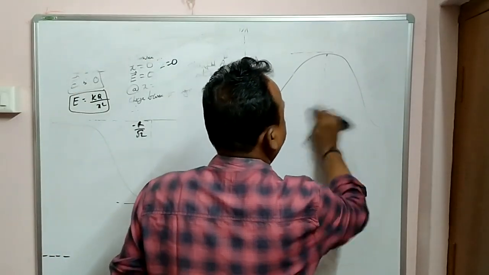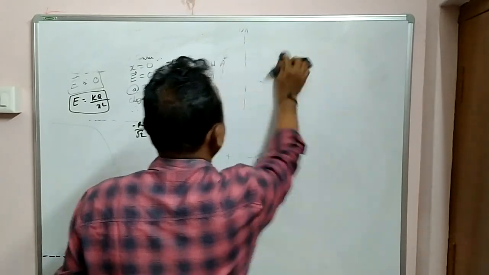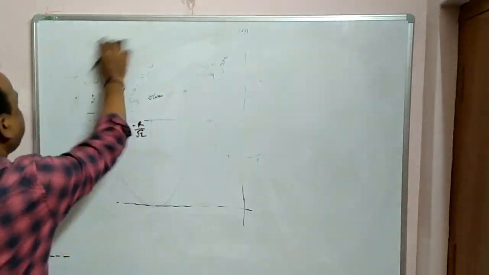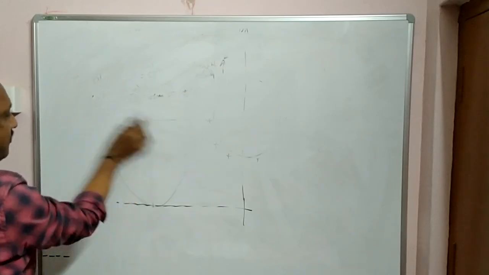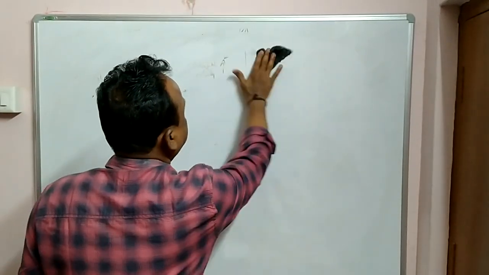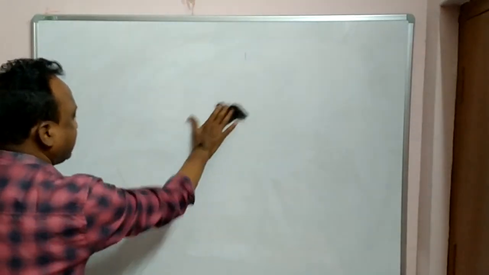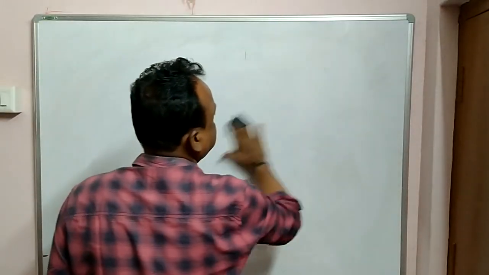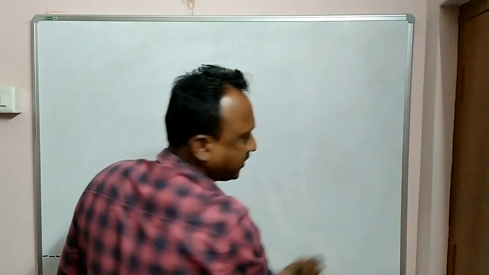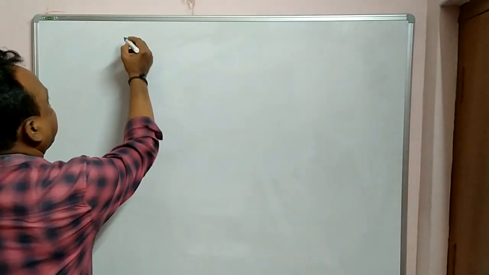Yesterday I discussed what the force acting on a particle placed in an electric field will be. Now suppose it is freely falling, just like in kinematics, whatever equation you have used, now we will be using the same equation.